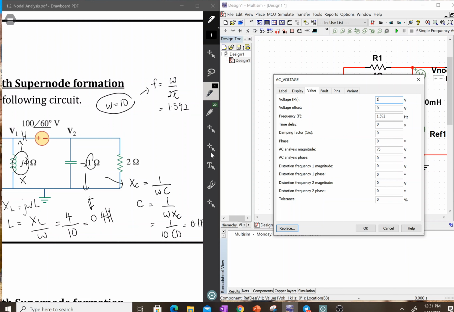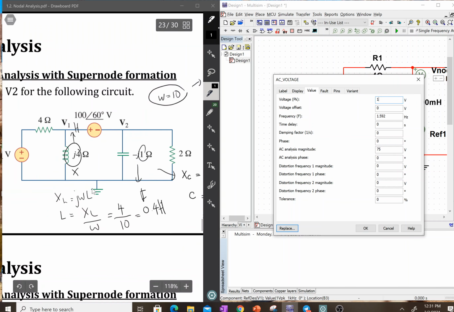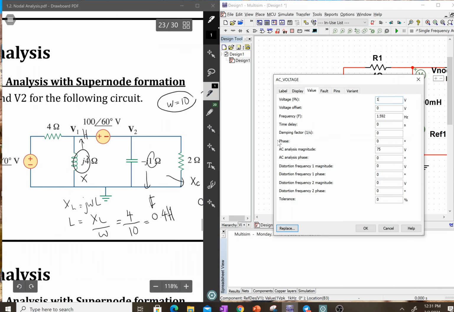Then what else do you need to key in? The peak value. Since our measurement will be in RMS, make sure that the AC analysis magnitude includes the RMS, and for the peak one, you should enter the value in peak.